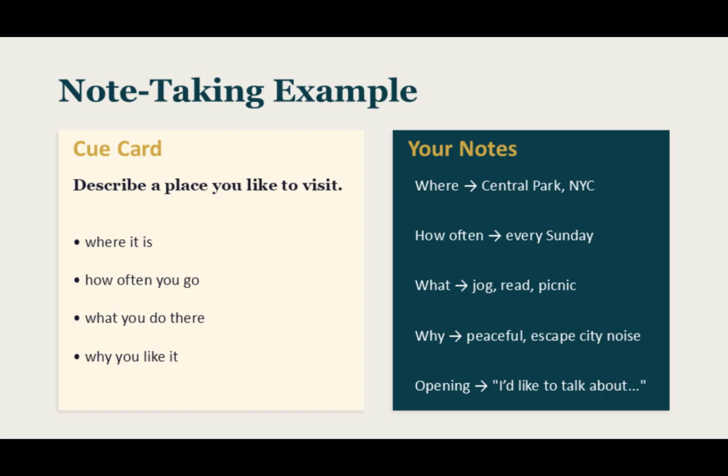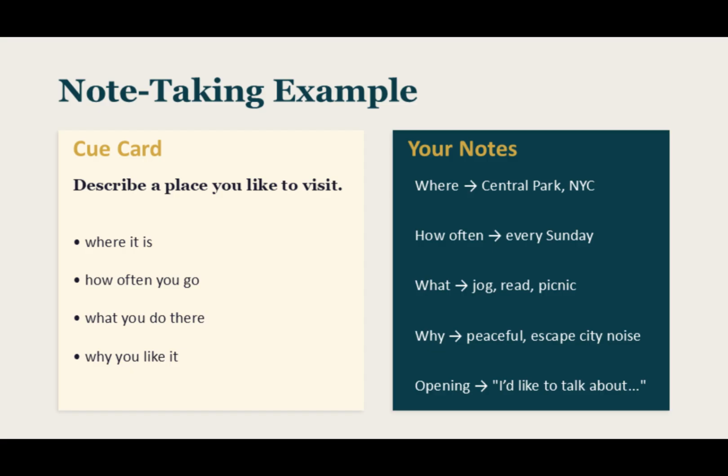and as we mentioned earlier, under that we have 4 bullet points that we are to discuss. Where it is, how often you go, what do you do there, and why you like it. So in our notes, the where will be the place, of course, Central Park, New York City.